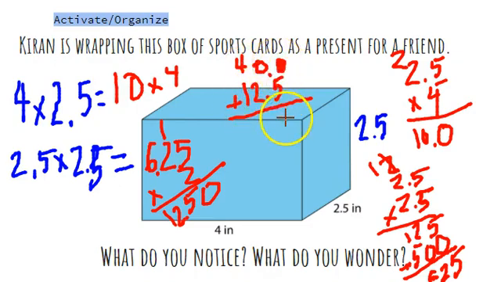This 5 will just have a 0 over it. So if I've mathed correctly, I should have 52 and 5/10 square inches. So at 52 and a half square inches, now I know what the area of the wrapping paper needs to be at bare minimum to cover my entire space.